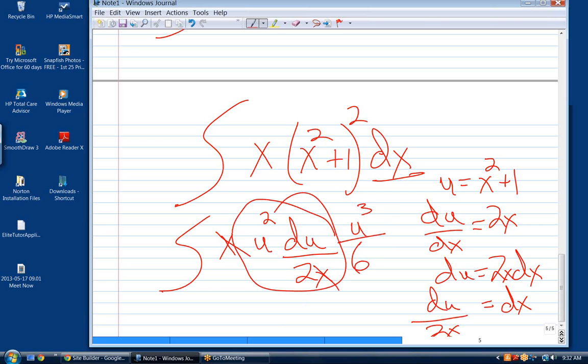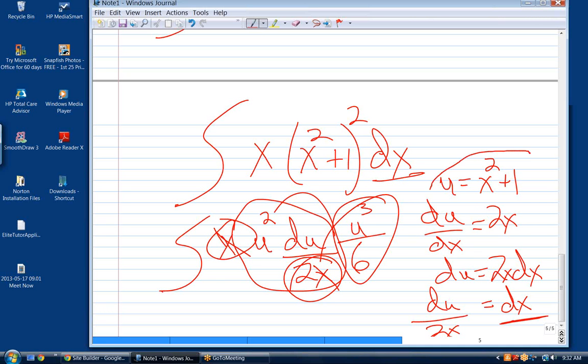You could also just leave it as du over 2 equals dx, right, for the substitution part? No. The only reason I leave the x up here and put the 2x down there is because dx is not du over 2. dx is du over 2x.